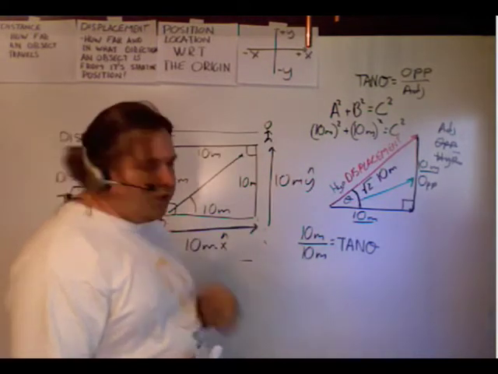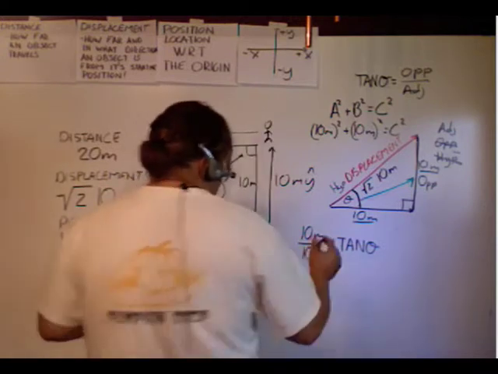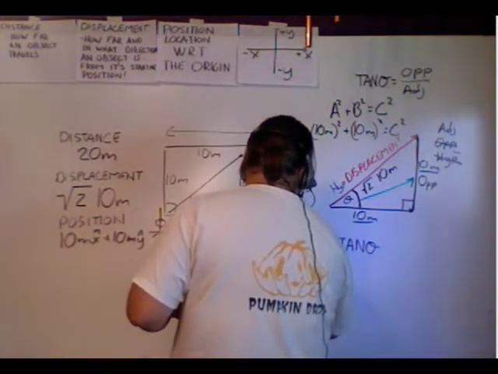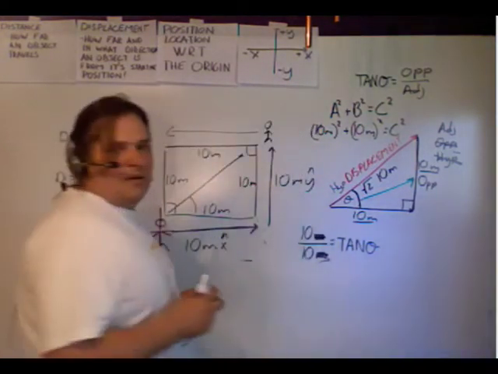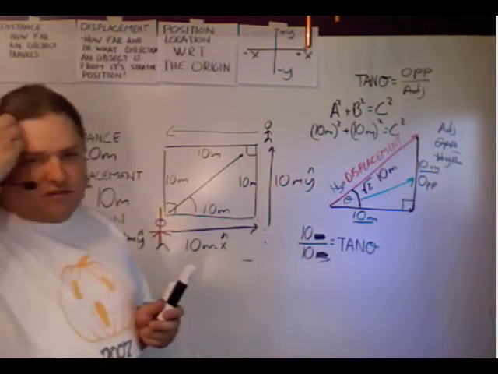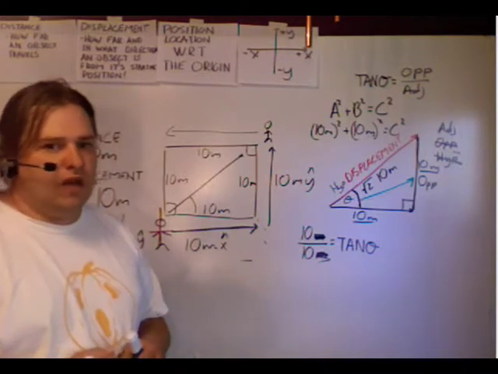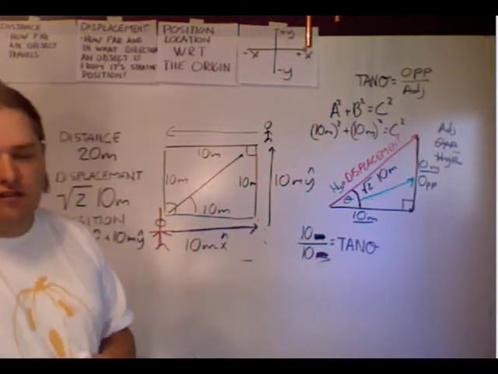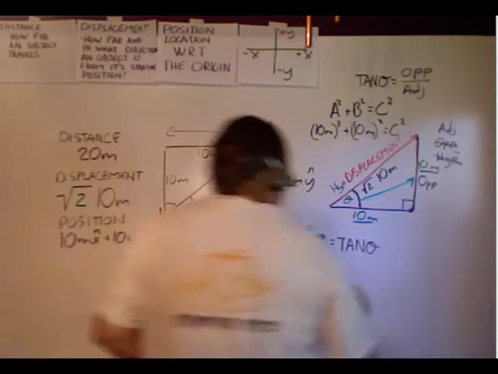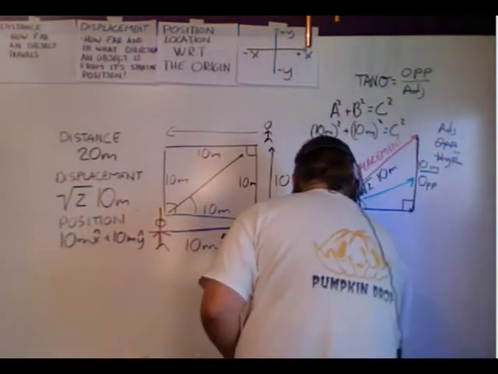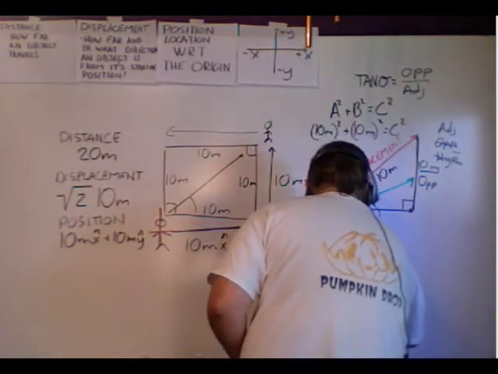Cool thing, look at this. Meters go away. You can't have units when I'm doing this function. They have to be able to cancel. That's why I keep saying they've got to be the same value. Okay? And then 10 over 10 translates to 1. So that means I have 1 is equal to tan theta.